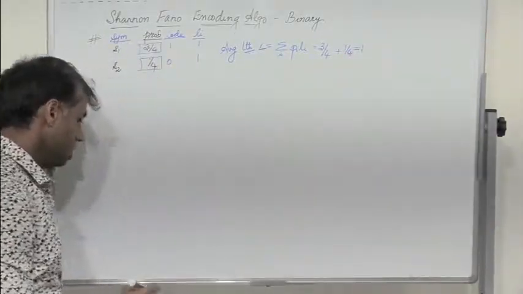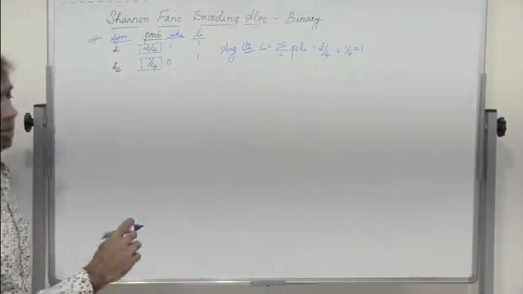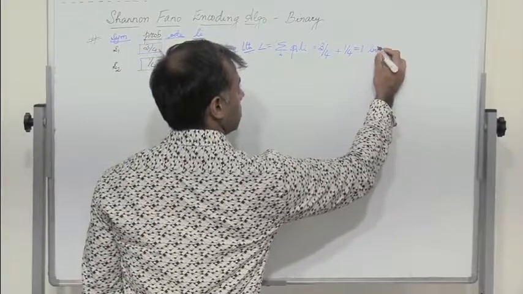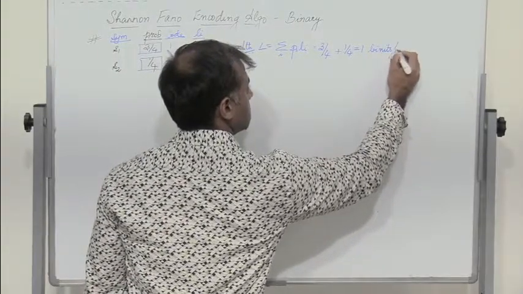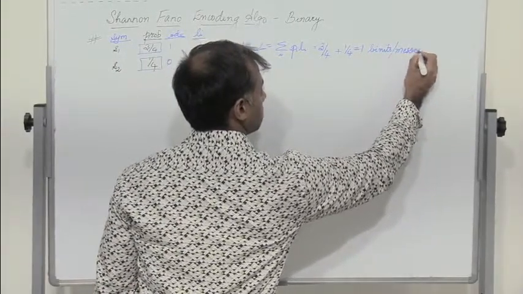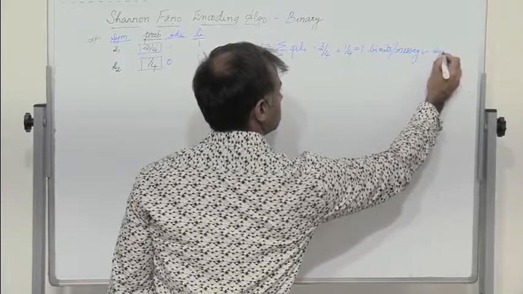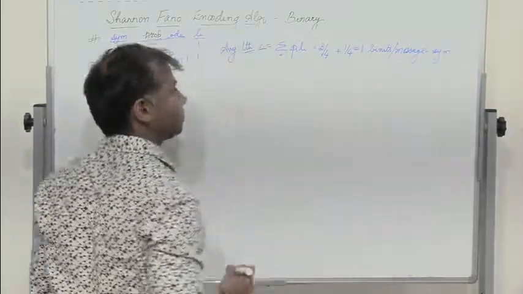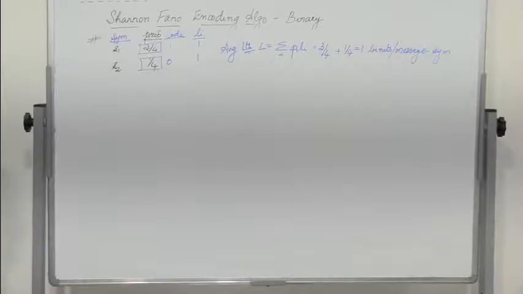So we get 1 binary unit per message symbol. Okay, so this is the average length L.